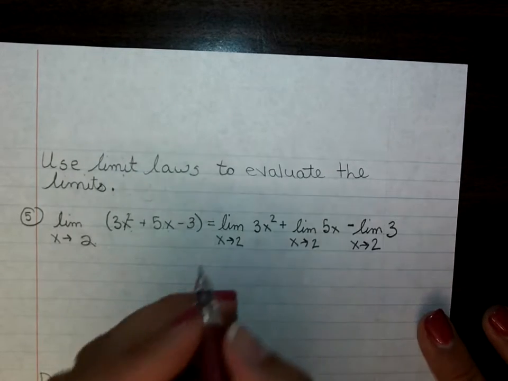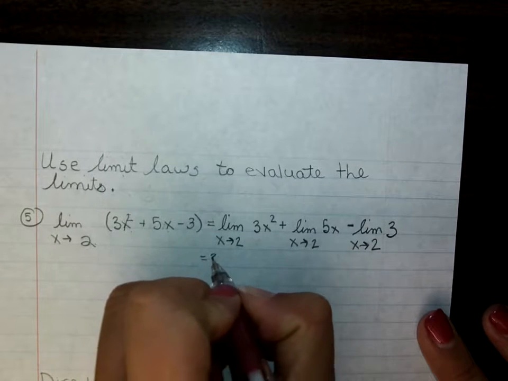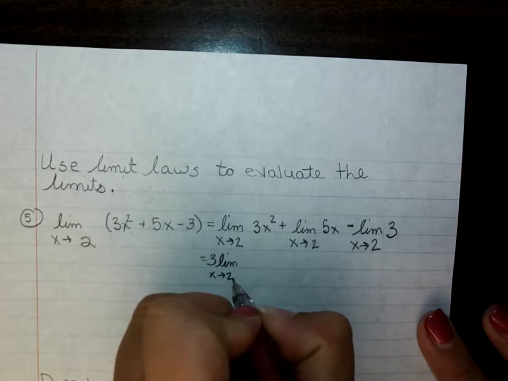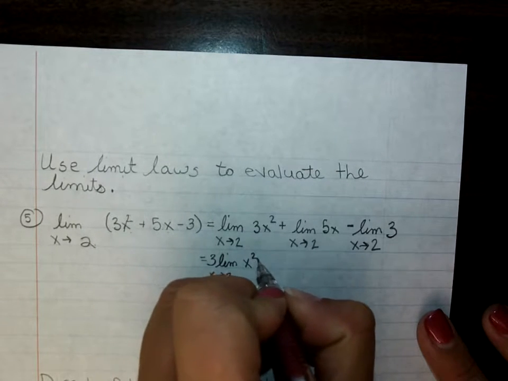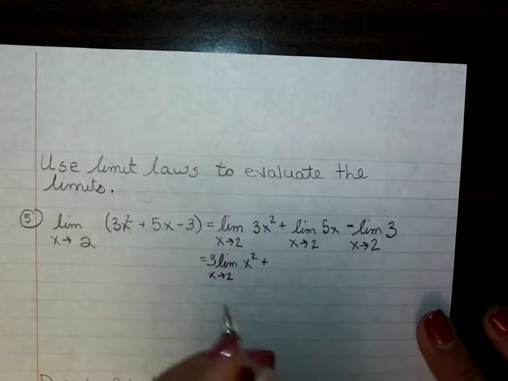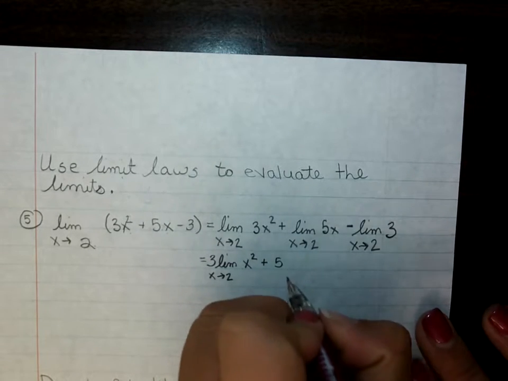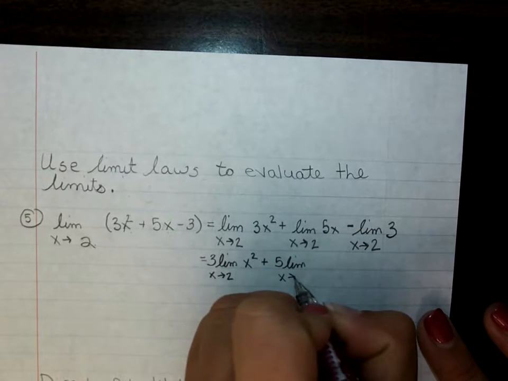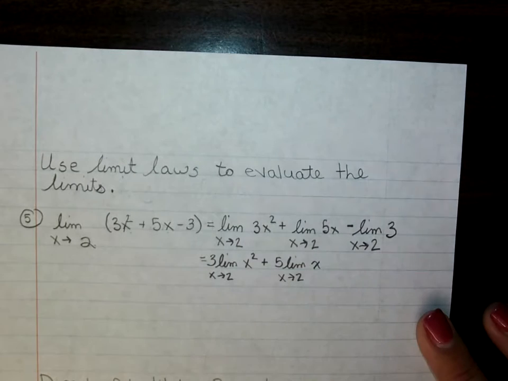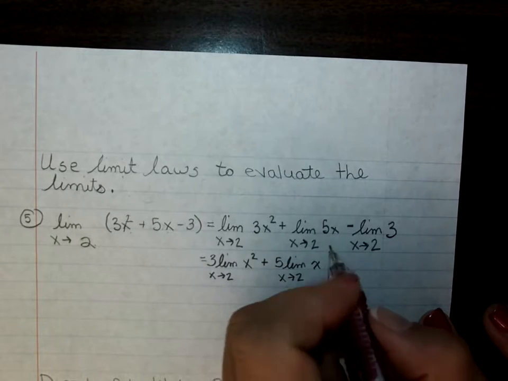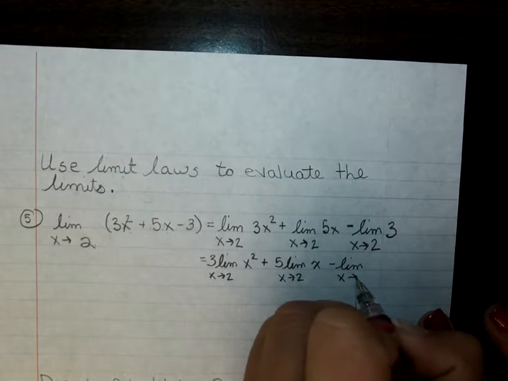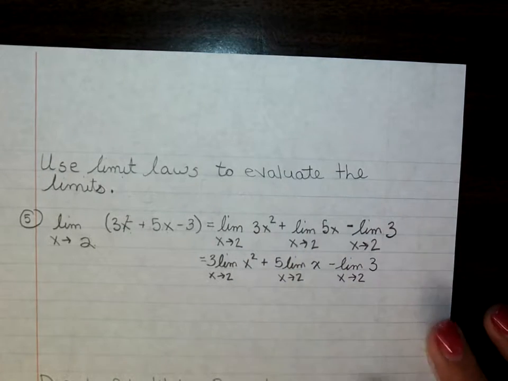So I could pull that constant out front and say 3 times the limit as x approaches 2 of x squared plus 5 times the limit as x approaches 2 of x minus the limit as x approaches 2 of 3.